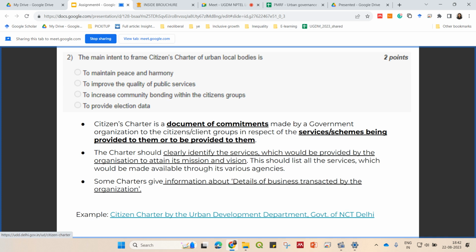So what are the development services which the Urban Development Department provides to the citizens, and what are the schemes they are following, what citizens can expect from them, and the grievance redressal mechanisms that the department provides. All these are listed in the Citizens Charter.